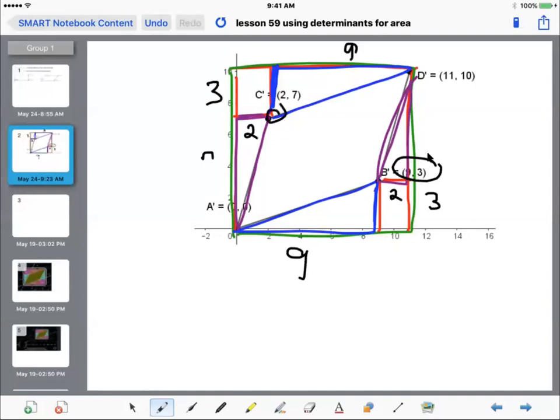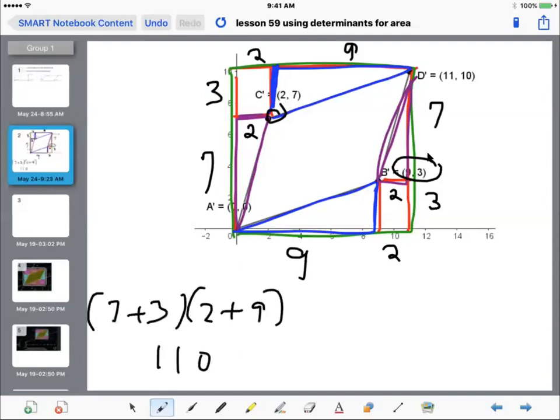So the large rectangle is 7 plus 3 times 2 plus 9, which is 110. You want to subtract away 2 squares, which are 2 times 2 times 3, which is 12. Then you subtract away the 2 triangles, but the 2 triangles are each 1/2 base times height.